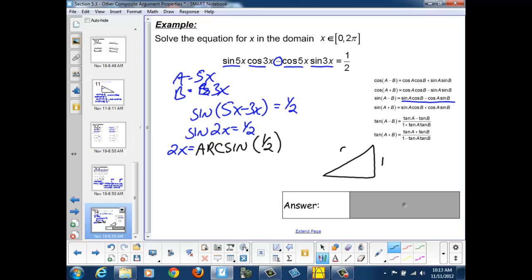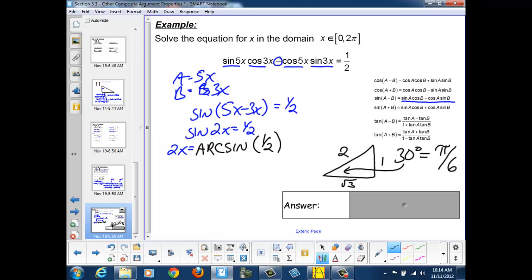So 1, 2. That makes this the square root of 3, which is one of our special triangles, 30, 60, 90 in degrees, or 30 degrees here, which would be this angle, in radians, which we can convert to pi over 6.